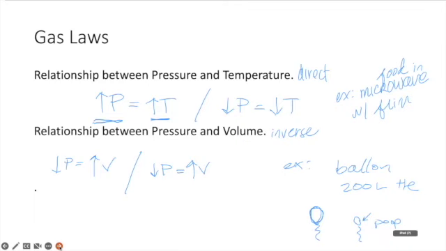I wrote poop. I'm sorry, pop. That's kind of funny. So the pressure on the inside is increasing. Maybe if we were to put this into a different size of balloon, it'd be kind of deflated. Maybe we put it in too big of a size, and the pressure would be decreasing from what it was here.